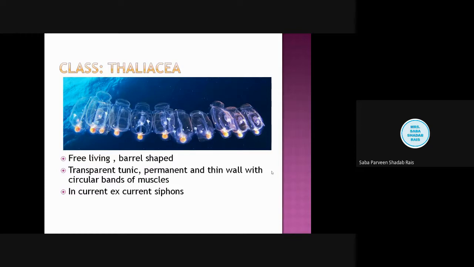It does not mean that the animals are lacking them. I told you that they have retrogressive metamorphosis.